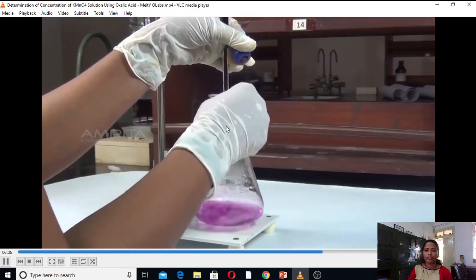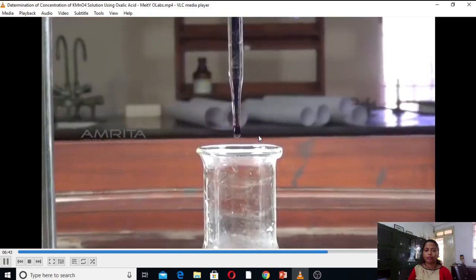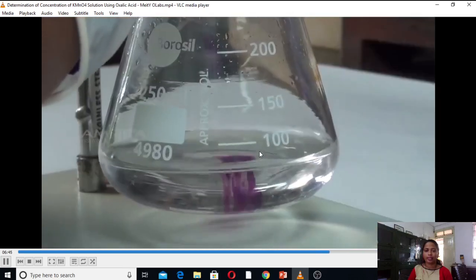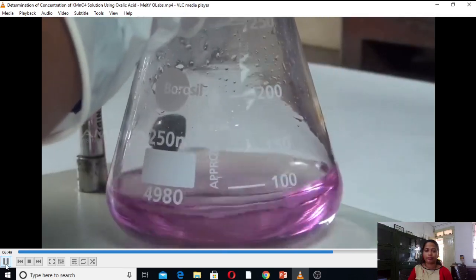So while doing titration, we have to shake the solution, and at the end point we have to get a light pale pink color. This is our end point.